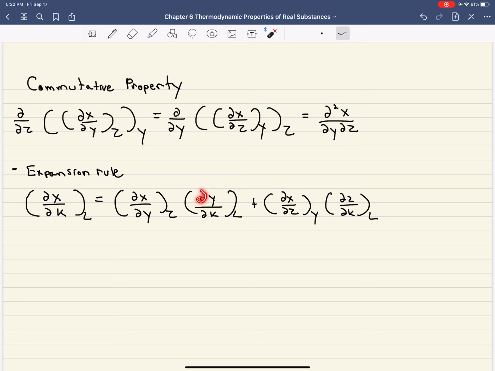You're multiplying it by like a dy over dy and a dz over dz. So that's what the expansion rule tells us.